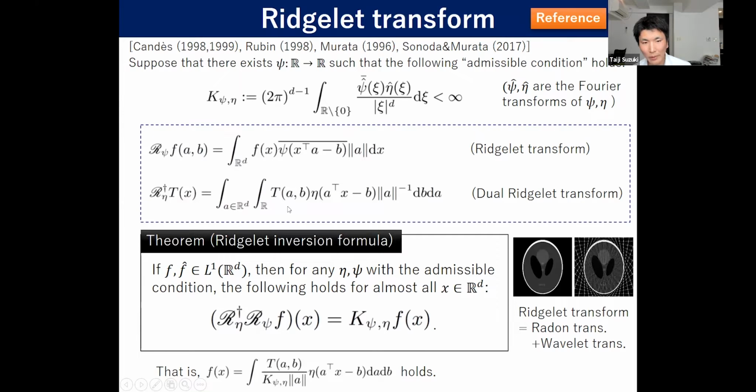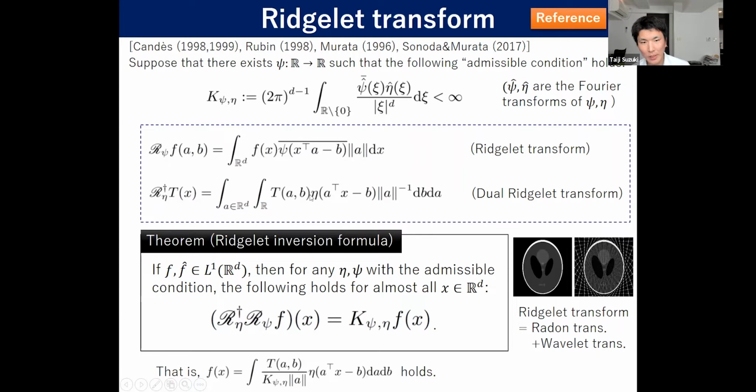Here t is the weight of the parameters a and b. This weight is obtained by the so-called Dirichlet transform that is given like this. This is very much analogous to the Fourier transform. Here, psi is a so-called dual activation function that satisfies the so-called admissible condition. Eta is a given activation function.